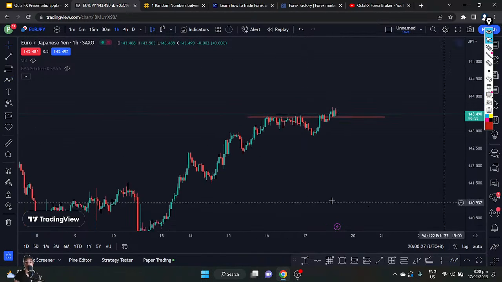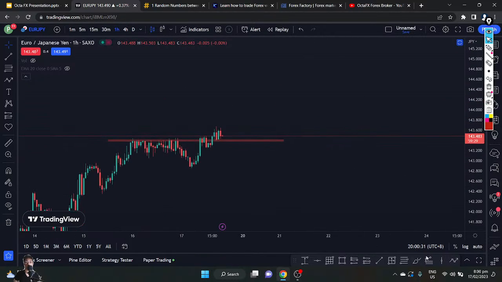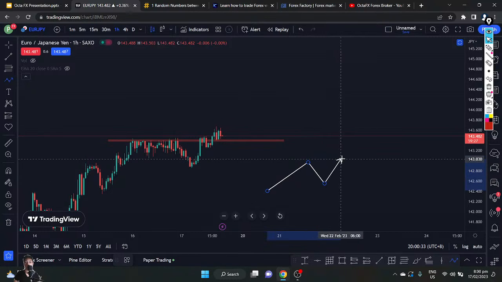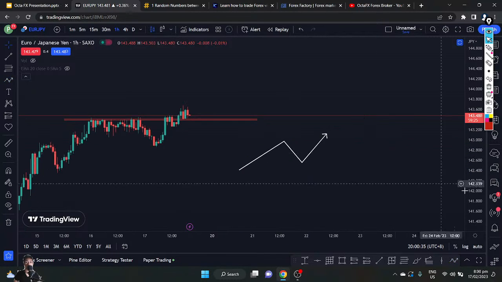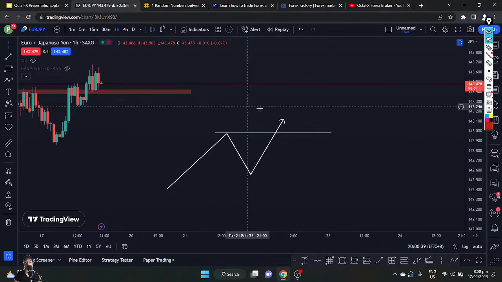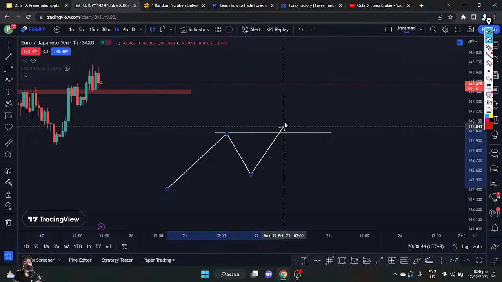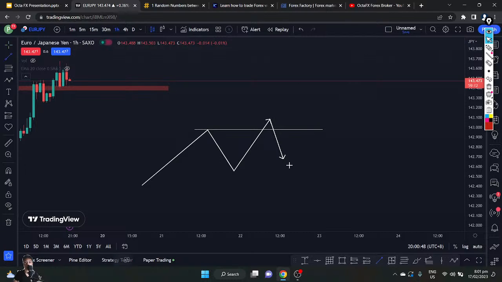So watch out for that, because if the price is giving us this short breakout like this, then instead of continuing to go higher, the price just pulls back like this, then this movement right here is a sign of a divergence.